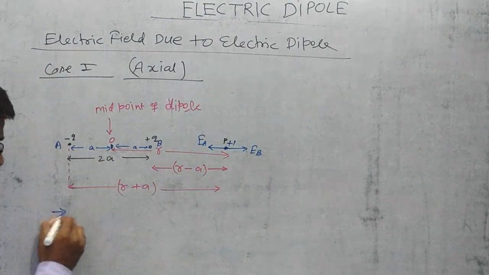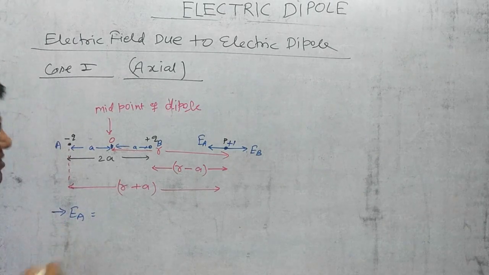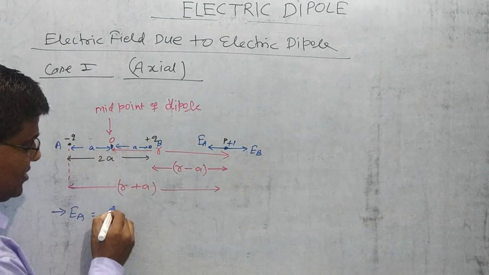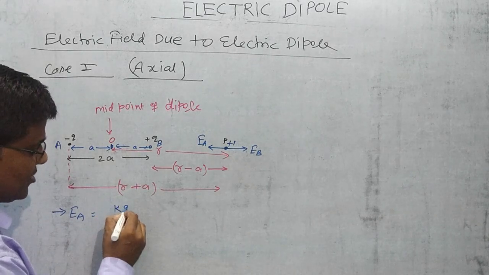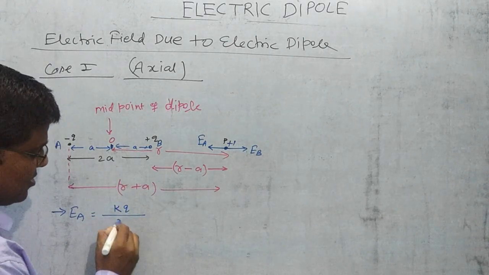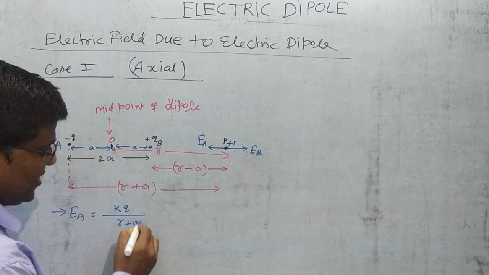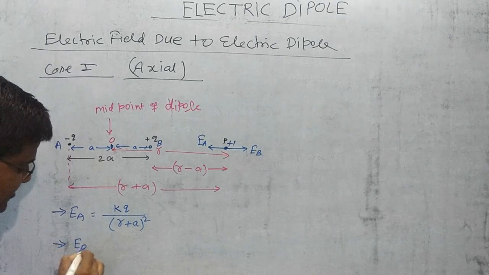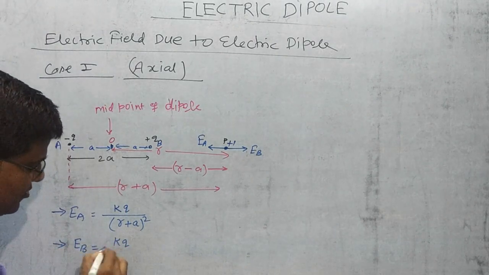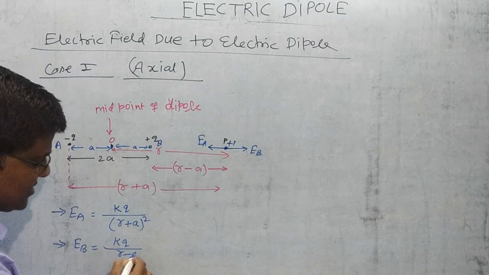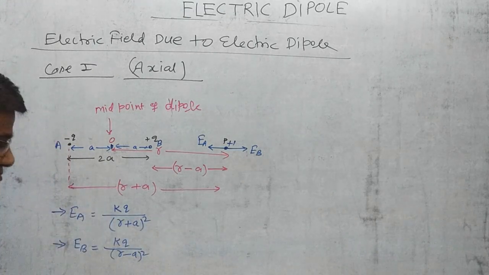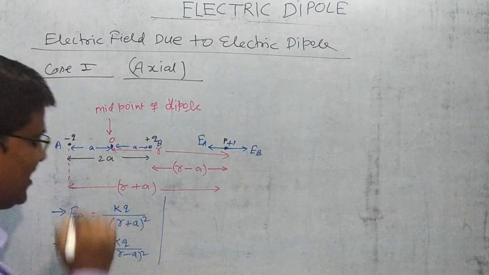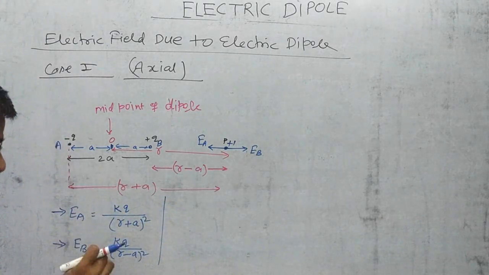Now write EA, the electric field due to charge A, in this direction: KQ upon (R plus A) whole square. The second is EB, KQ upon (R minus A) square. Which charge gives the greater electric field?